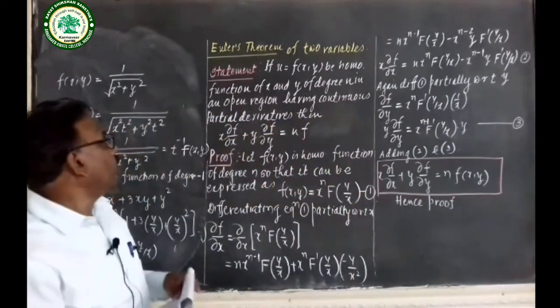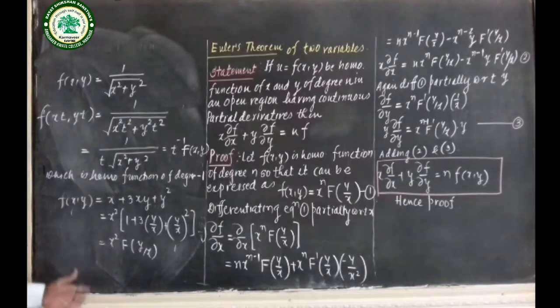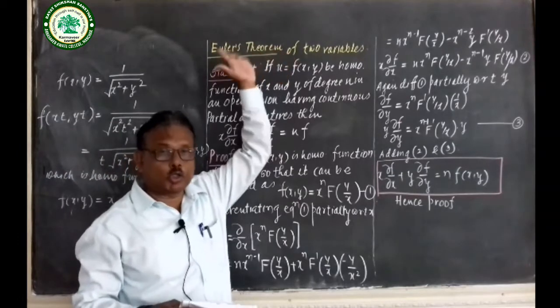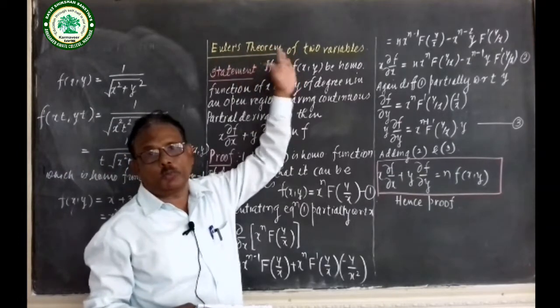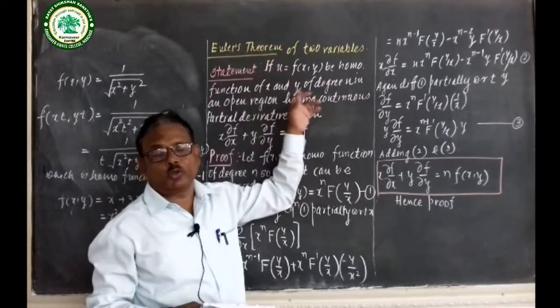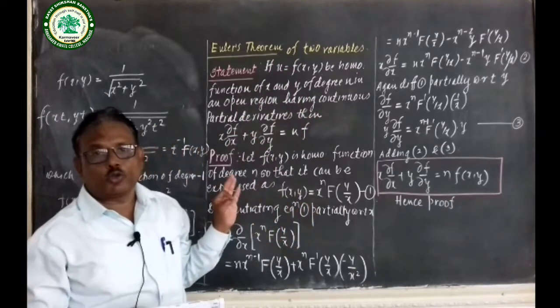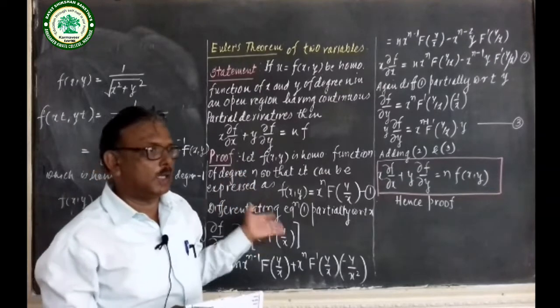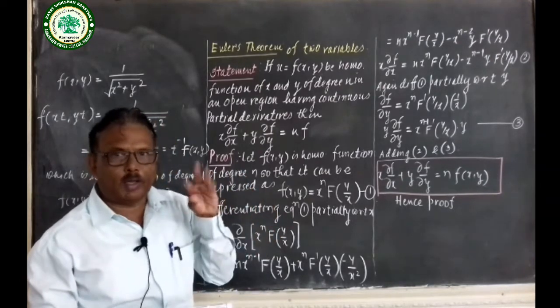Now, on this homogeneous function, there is a very important theorem which is most applicable and most useful for your future. Therefore, you should remember this one. You should prepare properly. This problem, or this theory part, will be asked in the exam for 5 marks.